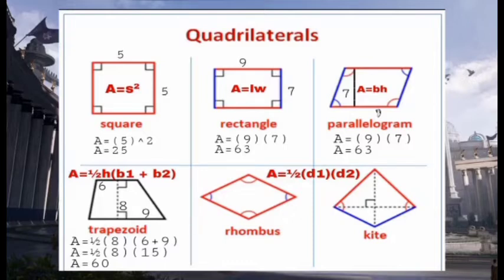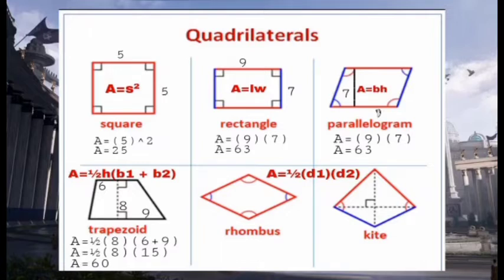Fourth, we have the trapezoid. To get the area of the trapezoid, we have this formula: A equals 1/2 times H times B sub 1 plus B sub 2, where 1/2 is constant, H is the height of the trapezoid, and B sub 1 and B sub 2 are the parallel bases of the trapezoid.